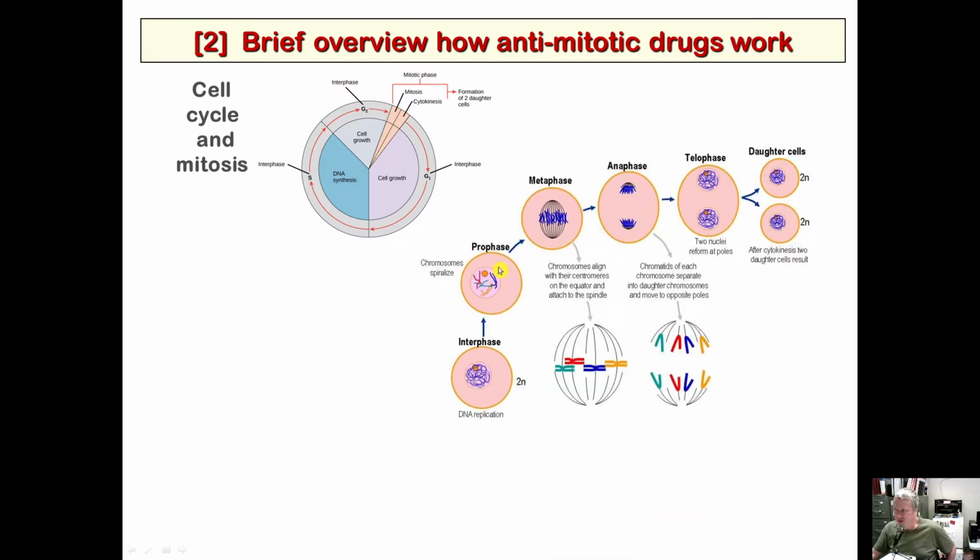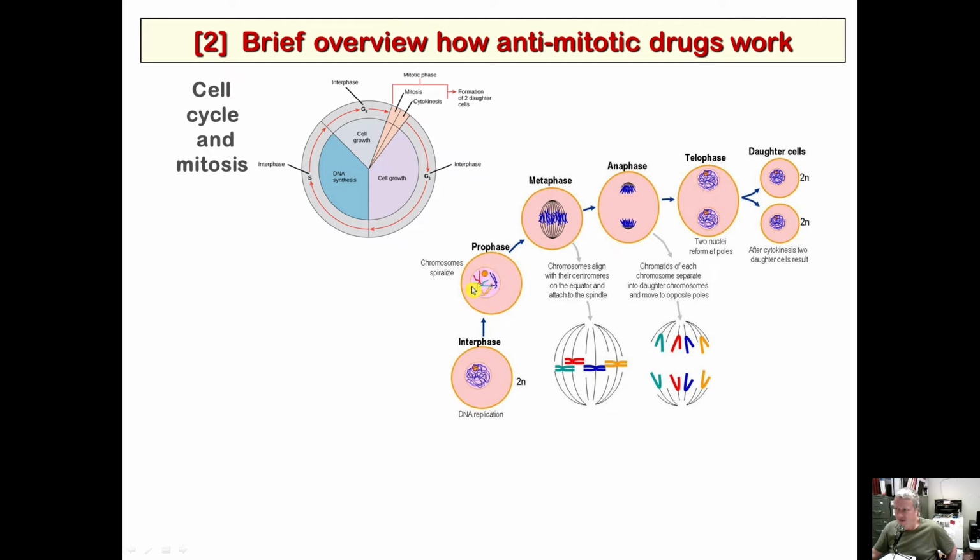This kind of shows what these different phases are. Interphase, at least in the DNA synthesis part of this, basically starts synthesizing two identical copies of the DNA inside the cell, and then you have two different copies of the chromosomes.